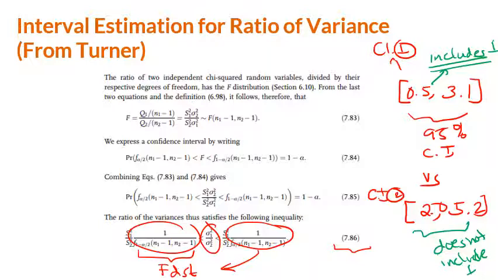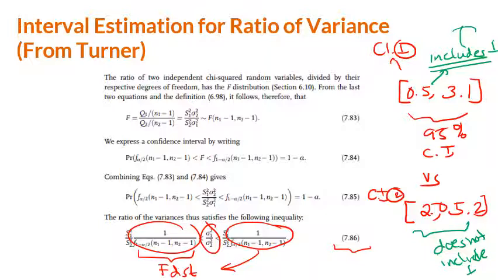If it includes 1, we cannot conclude that the variance, or the spread, of the two distributions is different from each other. We cannot conclude that the distributions' variance, their spread, is different.